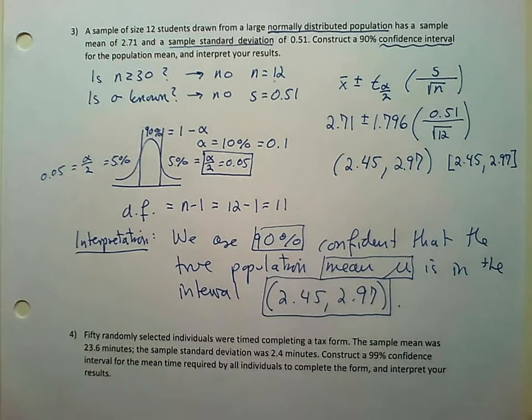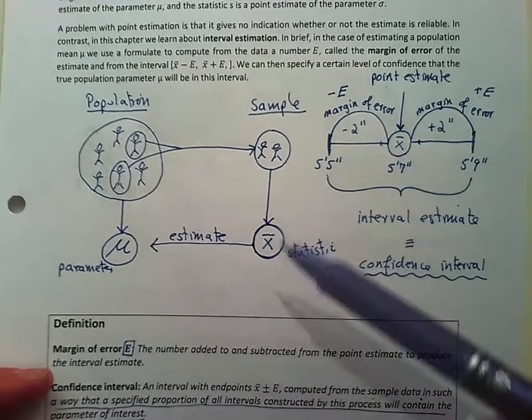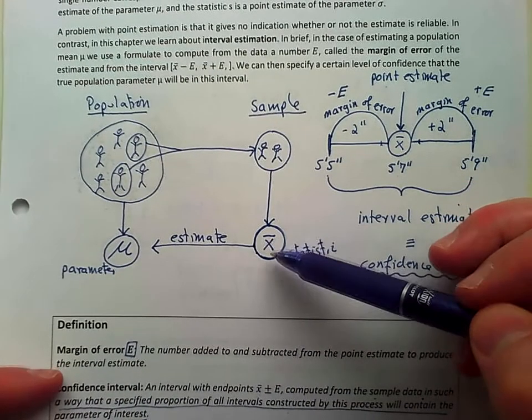Remember that we're always estimating something from the population. We're never estimating something from the sample, which is why I'm not including the word population inside this box. Remember back to that very first picture, we calculate something out from the sample.